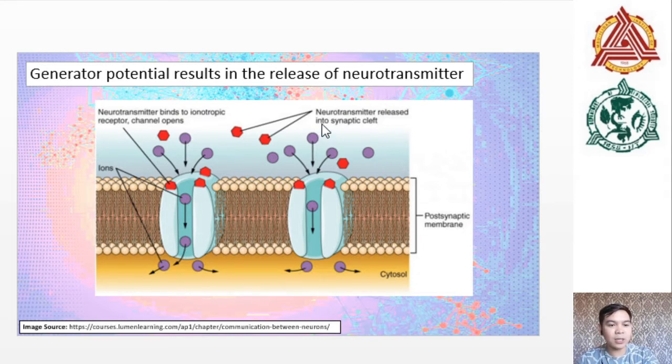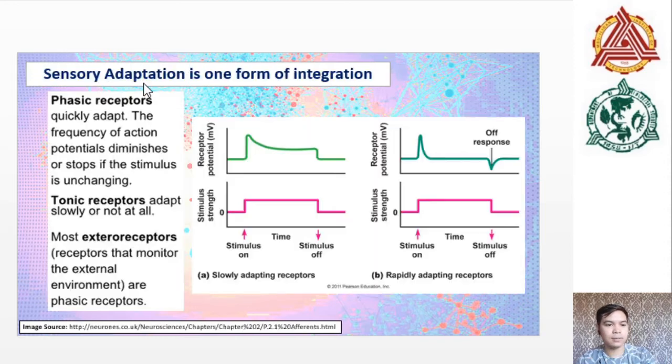In this case, the neurotransmitter released in the synaptic cleft will bind to the receptor, and the channel will open, allowing ions, for example sodium, to enter the cytosol and influence the activity of the neuron, causing an action potential.